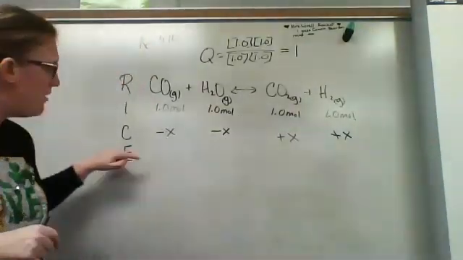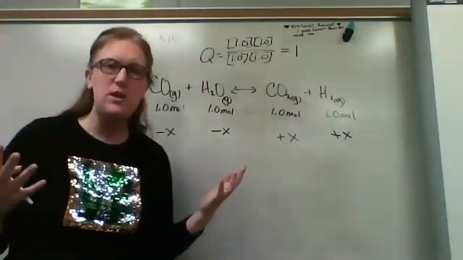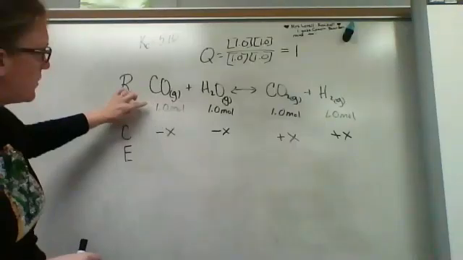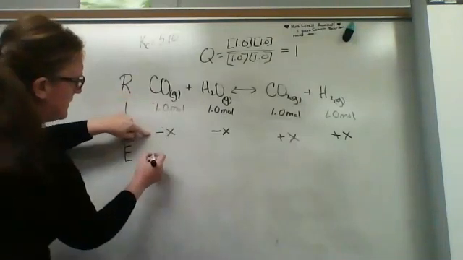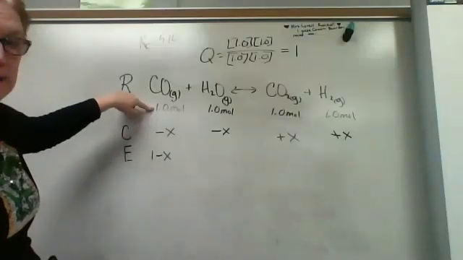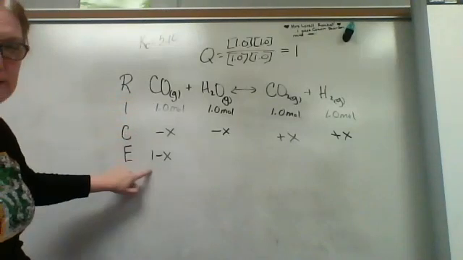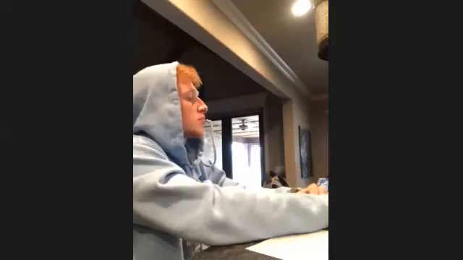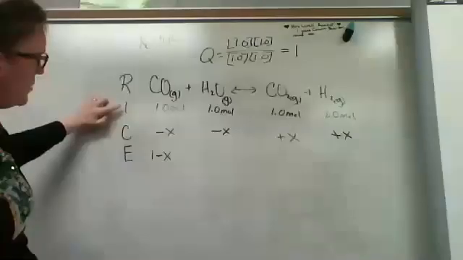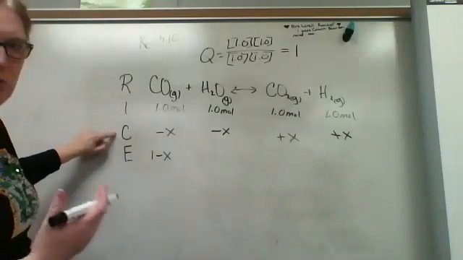Now we're going to write what it looks like at equilibrium. At equilibrium, we combine these two values. You take your initial and then do whatever with the change.